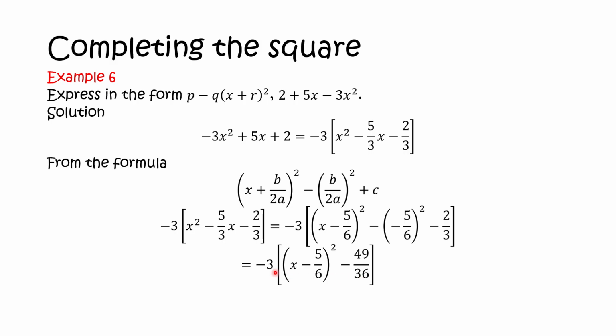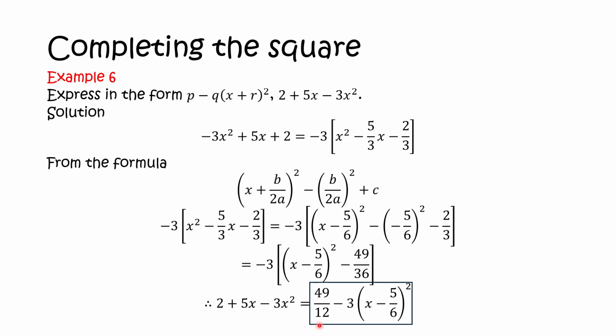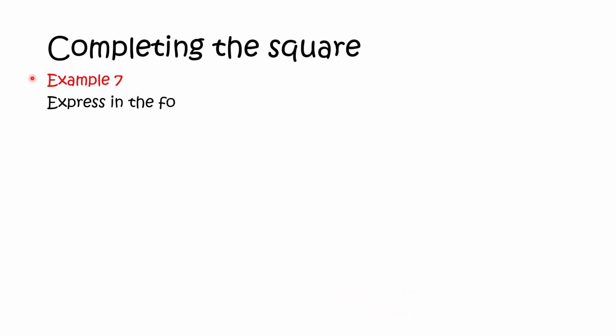Now we can introduce the minus 3 back inside the square parenthesis, so that we have that bit there. This gives us the final answer, 49 over 12 minus 3 times x minus 5 over 6 squared. So we're simply substituting into the formula of case 3 and simplifying step by step until we get to the final answer. Let's look at example 7.